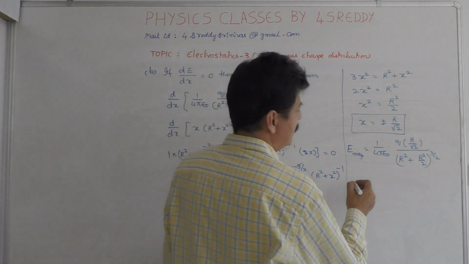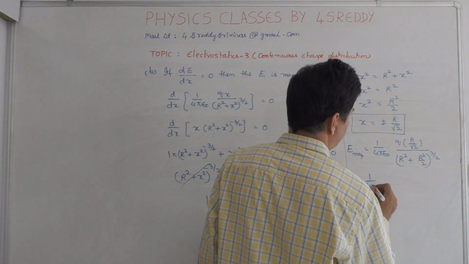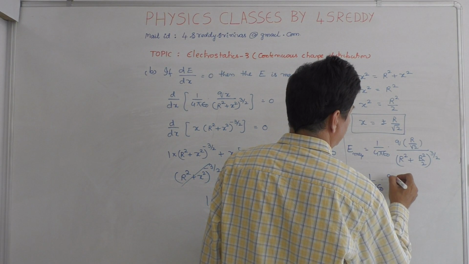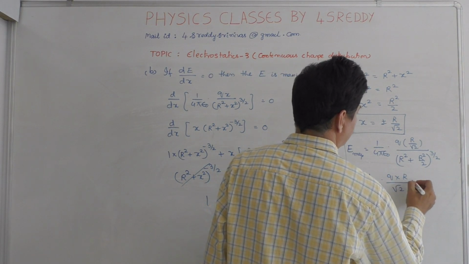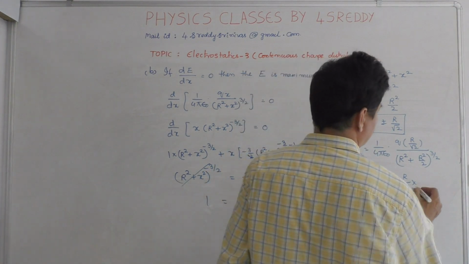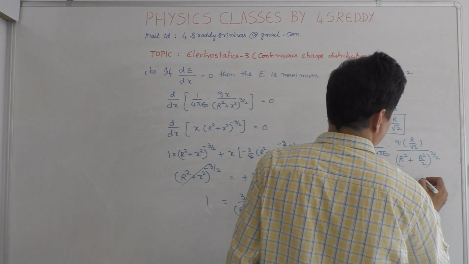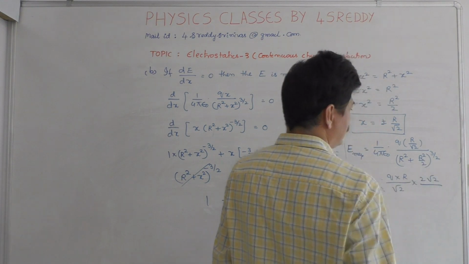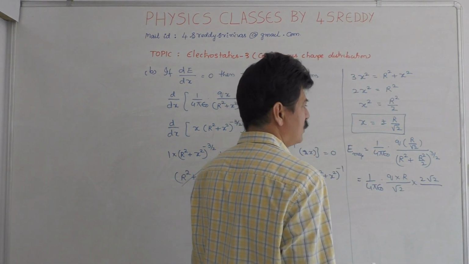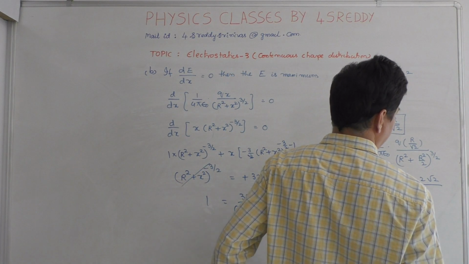What you can get is 1 by 4 pi epsilon naught q into r by root 2, into 2 power 3 by 2, by (3r square) whole power 3 by 2.